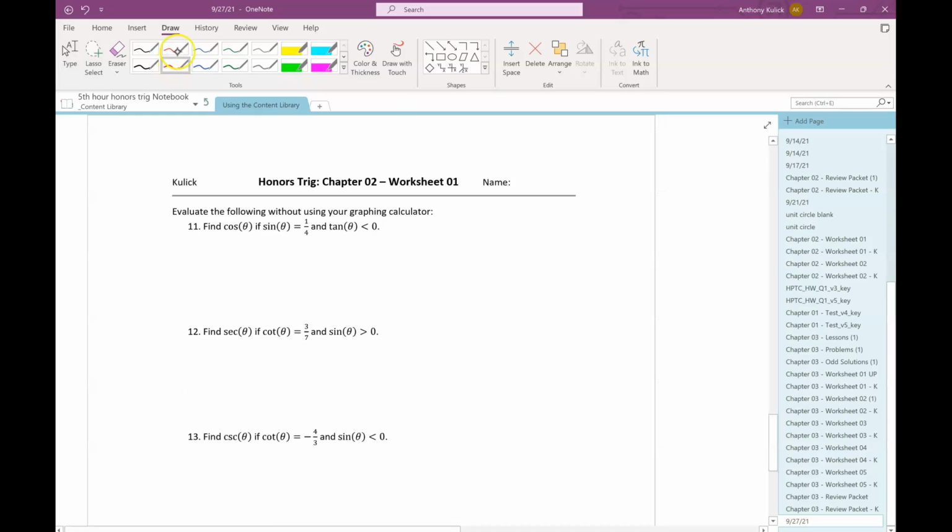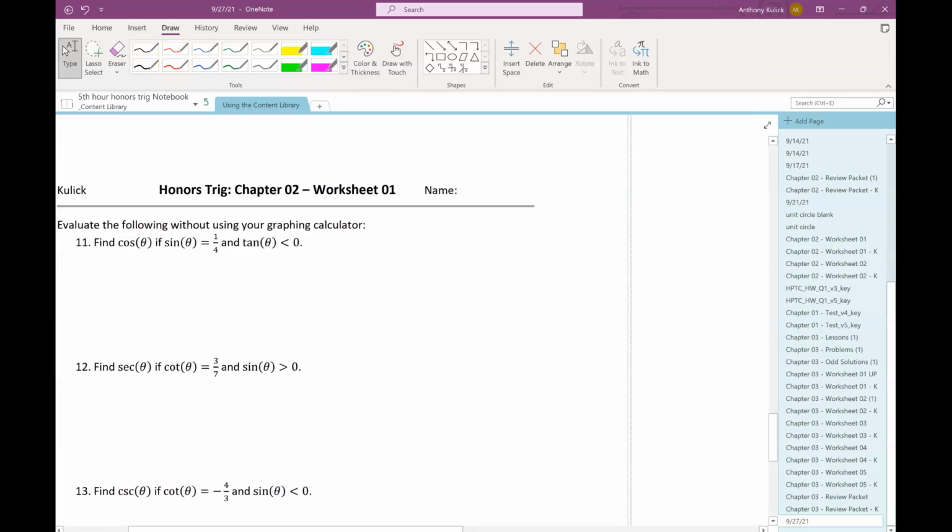Okay. So 11 asks us to find cosine of theta, if sine of theta is 1/4 and tangent is negative. So for these kinds of problems, I'm probably almost always going to be using the standard position angle definitions. So I remember that sine is y over r.